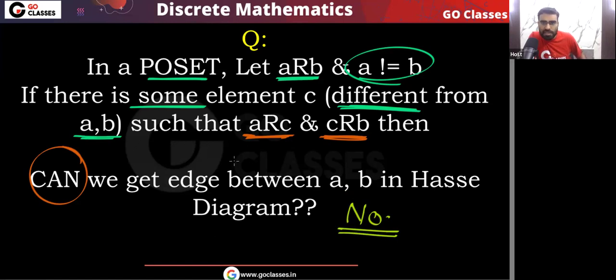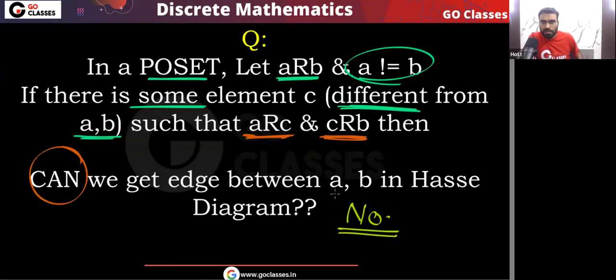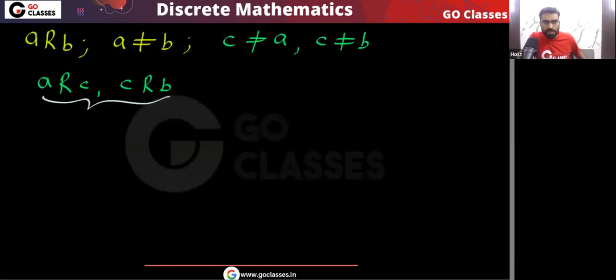See what the question is saying. A is related to B. This is the given information, A related to B, A is not equal to B. And the question is saying that C is not the same as A, C is not the same as B. A is related to C, C is related to B. Now you tell me, can we have an edge between A, B?